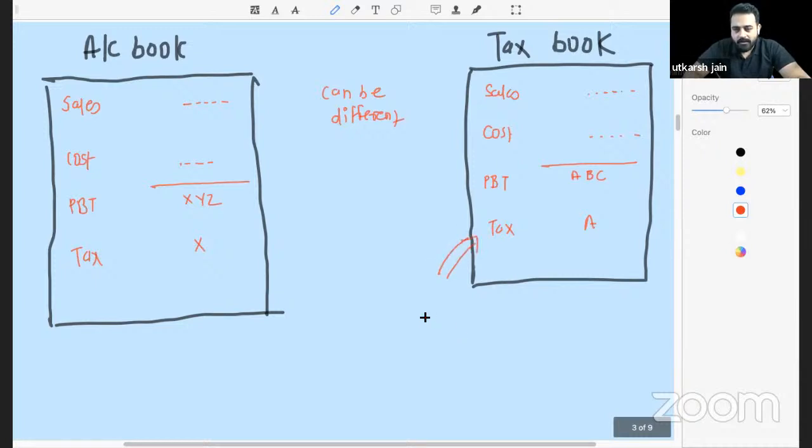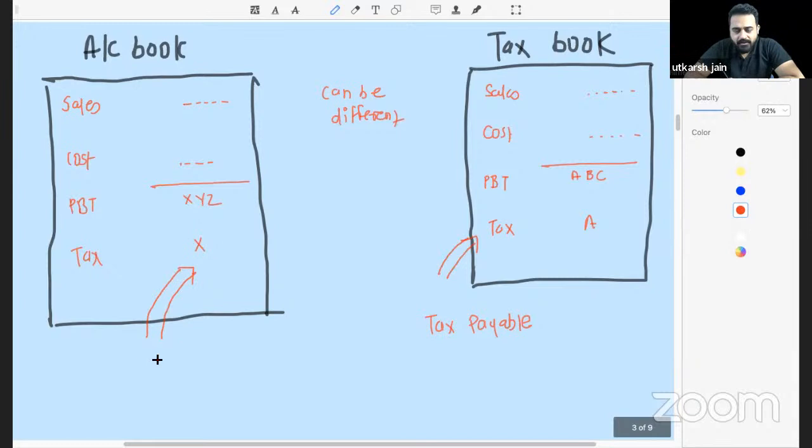So this is actually called the tax payable. The tax that I'm supposed to pay is going to be as per the tax book. That's intuitive. No, it's not whichever is higher. I have to pay tax as per the taxation laws, right? It's that simple. That's why the taxation laws are made in the first place. But the expense that I show in my books is going to be this.